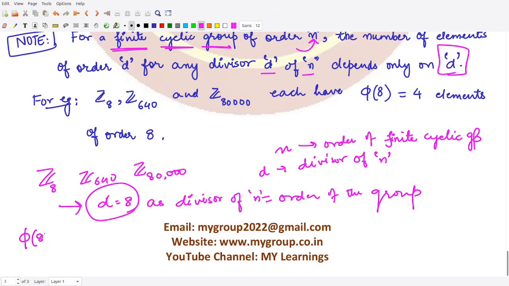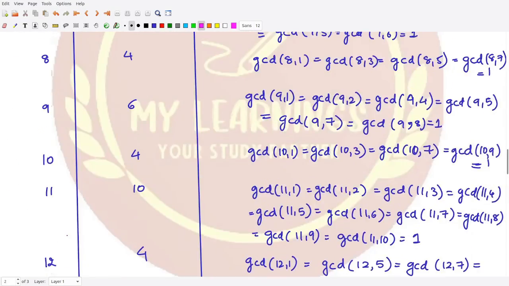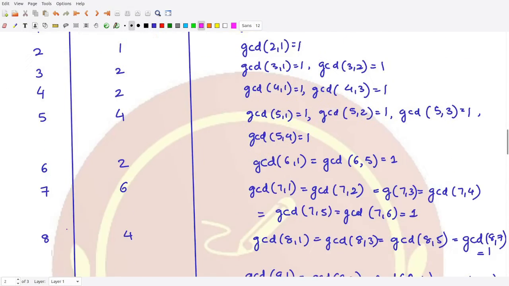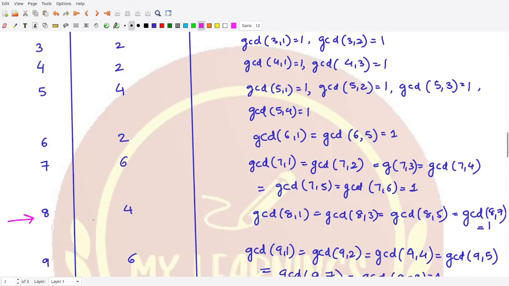Because the Euler phi function of 8, according to our previous examples, is phi of 8 equal to 4.